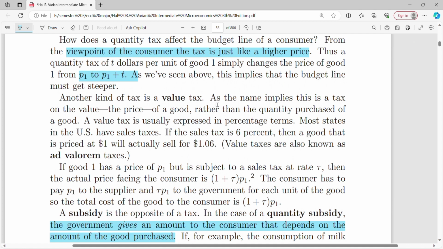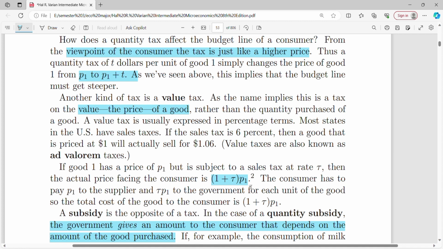And the next is value tax and value subsidy. Value tax means it's not associated with the quantity. It is associated with the value or the price of a good. It is denoted like this: this symbol can be termed as tau, 1 plus tau, the whole multiplied by P1.